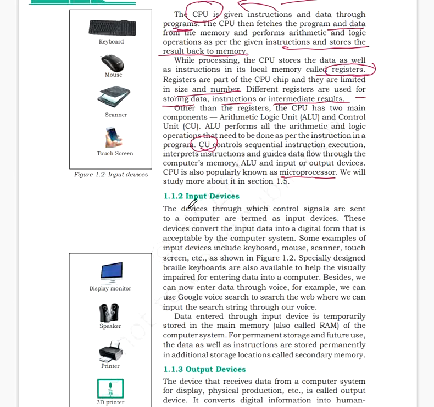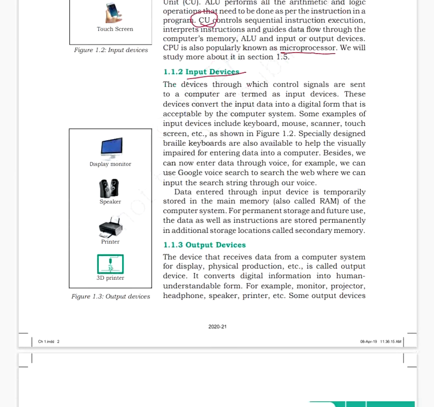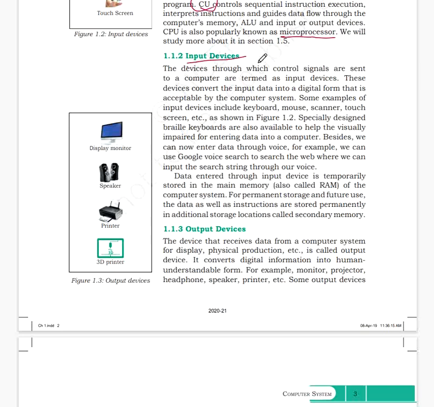Now, some input devices we know very well. All the devices by which a computer can take input are called input devices. The devices through which control signals are sent to a computer are termed input devices. These devices convert the input data to a digital form that is acceptable to the computer system, meaning the CPU.